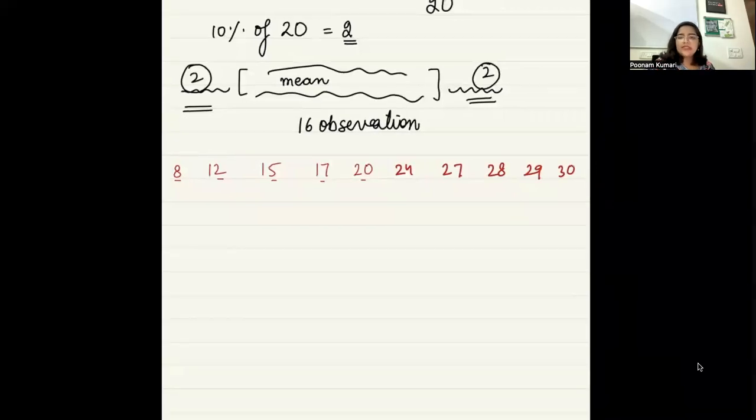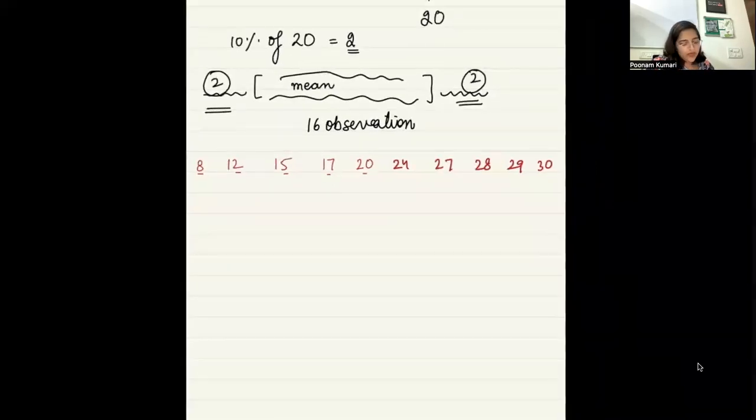Let's say these are my data points. How many observations do I have? 1, 2, 3, 4, 5, 6, 7, 8, 9, 10. 10 observations.